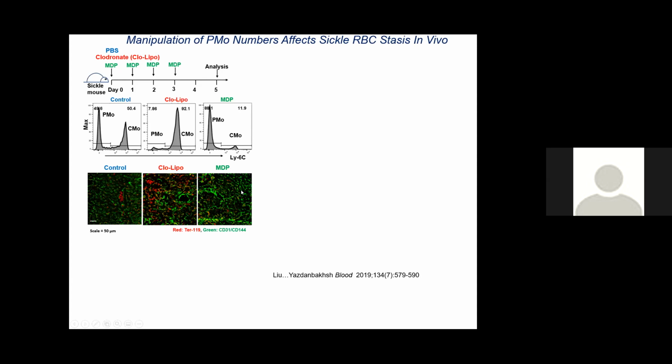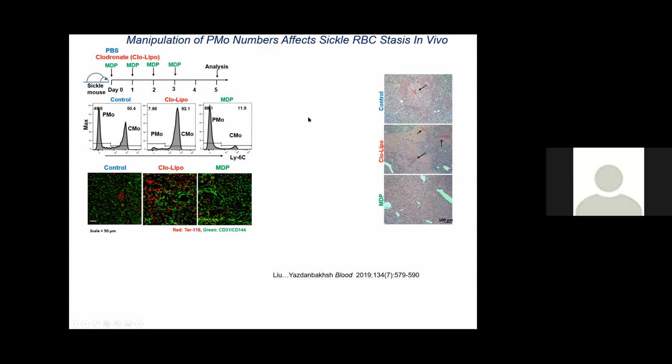Green is the endothelium, red is the red cells. This is just the sickle mice. With these two treatments, you see a lot less red cells in the MDP treated mice, a lot more in clodronate treated mice. Looking at H&E staining, we found a lot of infarcts in the clodronate treated mice and a lot fewer in the MDP mice compared to control.